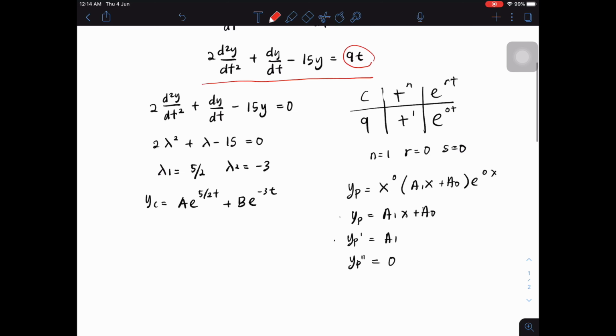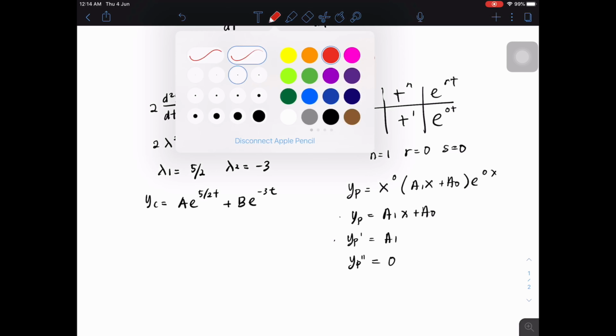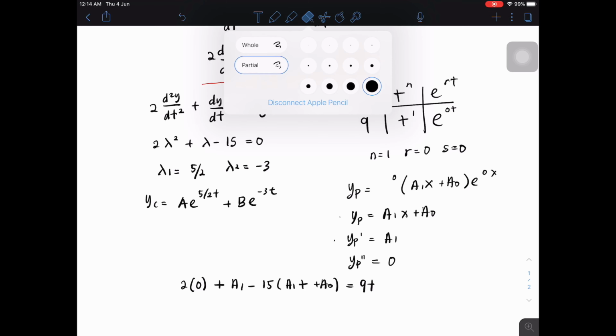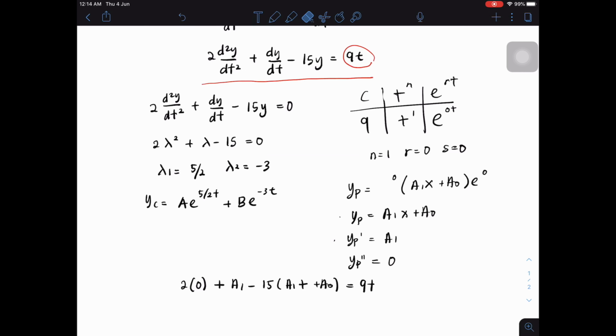You have the double derivative here, so you have 2 times 0, plus a1, minus 15 times (a1 t plus a0), equal to 9t. For correction, we need to use t because everything is in terms of t, so we change our x into t.